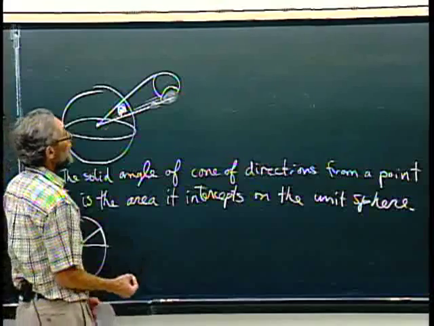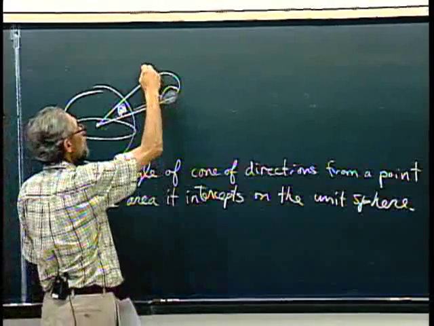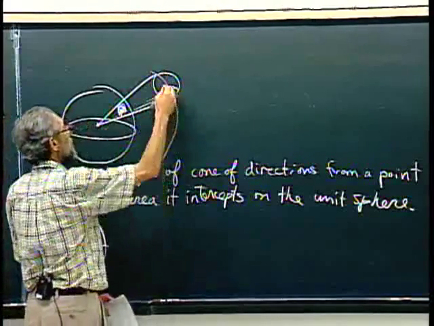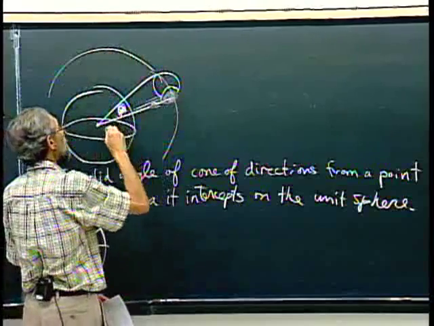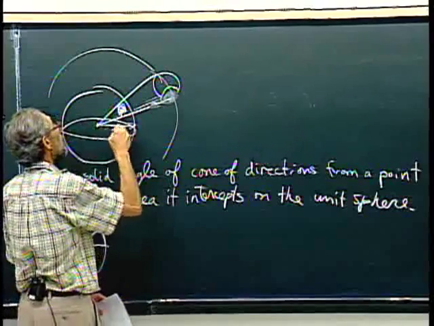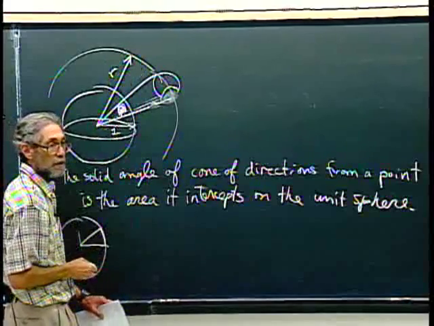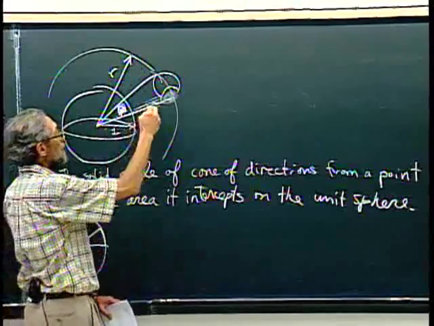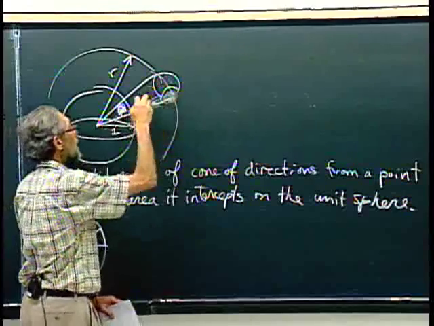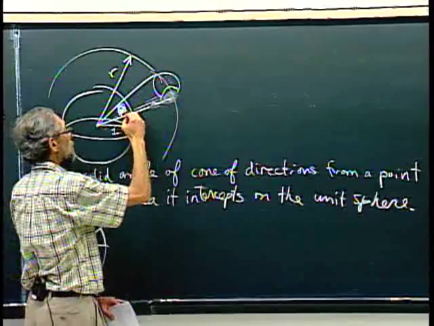So now, if we have some surface here on a larger sphere, this sphere had radius 1, but this larger sphere had radius r, then basically the ratio of this area to this area, what do I call this?